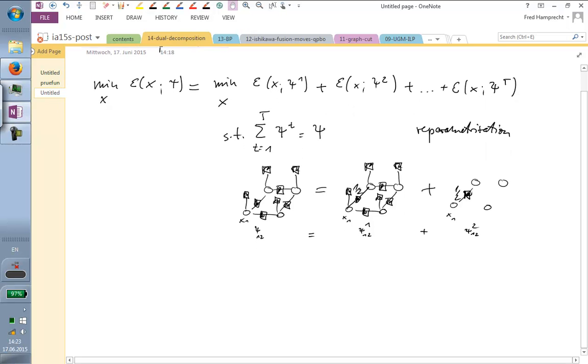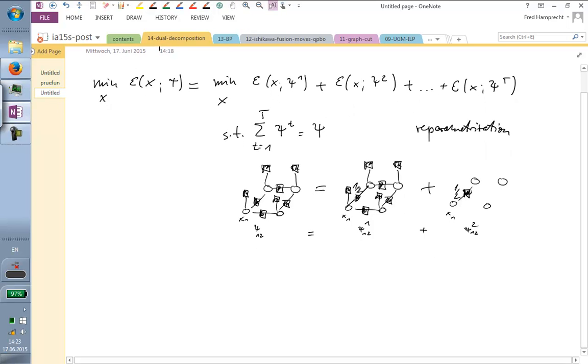Okay, and now I will still rewrite this in an equivalent problem, but this time making explicit that actually we have different random variables here.